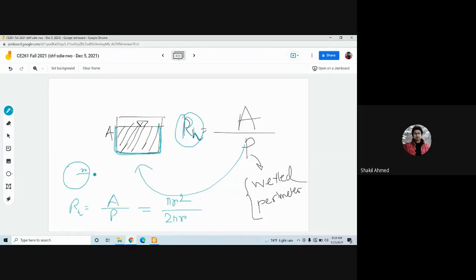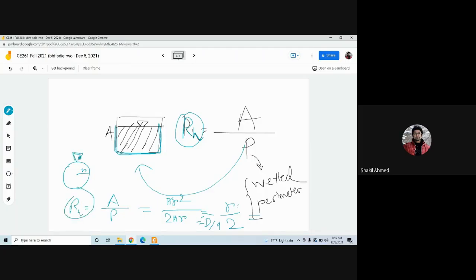If you cancel this out, it will be r by 2, am I right? Yes. Or if you express this in terms of diameter D, it will be D by 4, because r equals D by 2. So D by 4 for a circular pipe flowing full. It has to be flowing full.